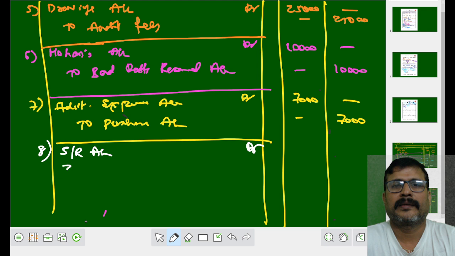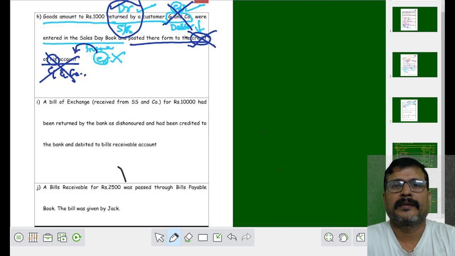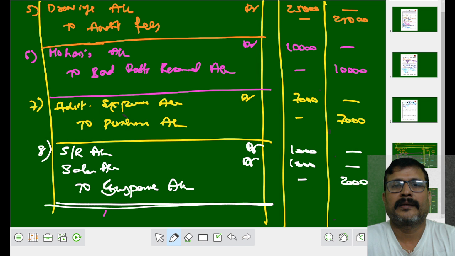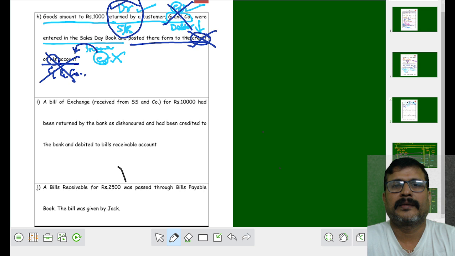Sales returns account debit, sales account debit to suspense account. कितना है अमाउंट उधर? 1000 each, 2000, being wrong crediting sales account is rectified.